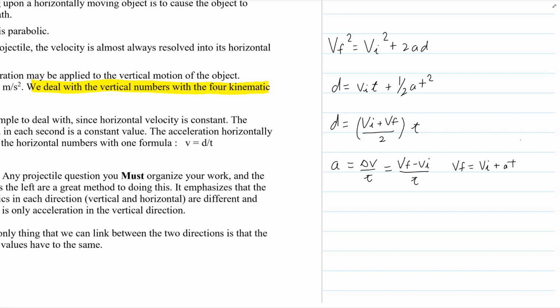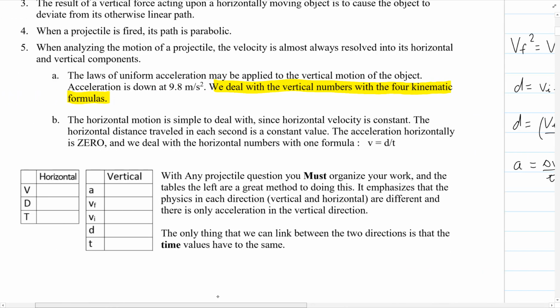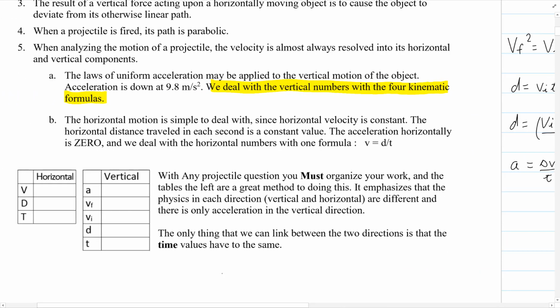Okay, those are the 4 formulas that you use when solving the vertical components. And horizontally, we only use this formula. Why? Because horizontally there's no acceleration, that means constant velocity, and that's the only formula we have.